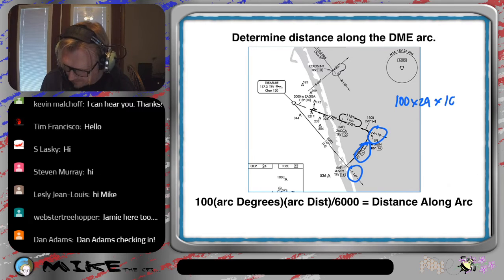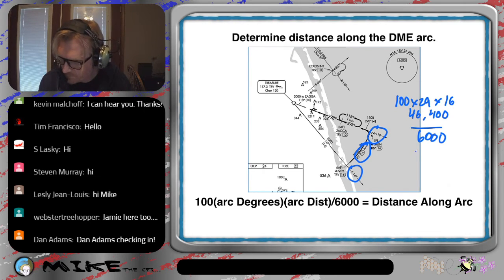So that'd be times 16. So we get 46,400. And if we divide that by 6,000, we're going to get about 7.7 nautical miles along that arc.